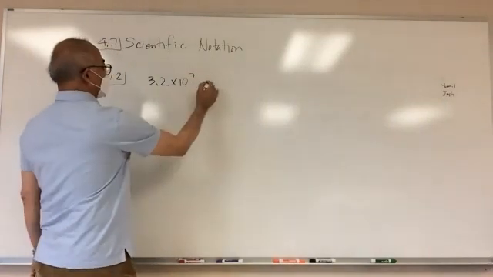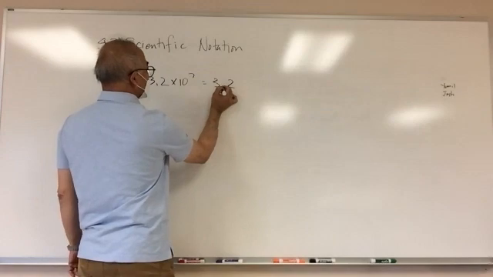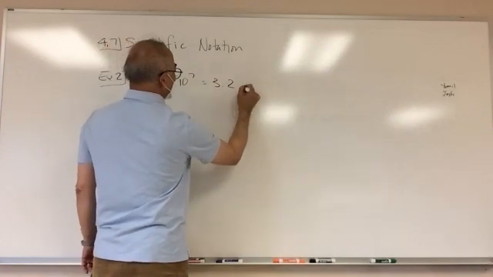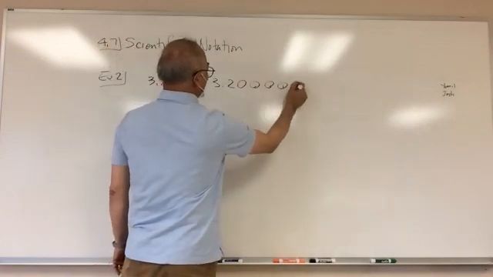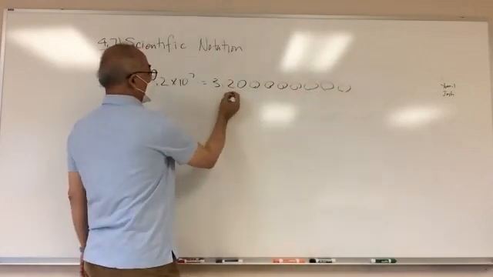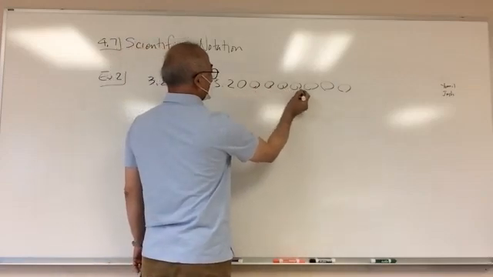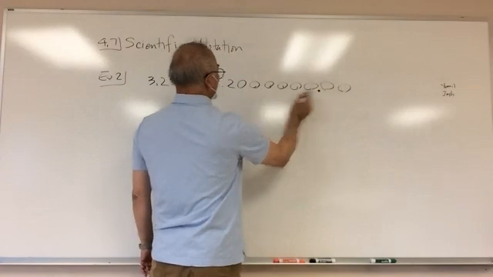So it's going to be 3.2. I'm going to move this how many times? Well, let's go ahead and write the zeros out. I don't know how many we're going to have, but let's write as few just in case. 1, 2, 3, 4, 5, 6, 7, right?